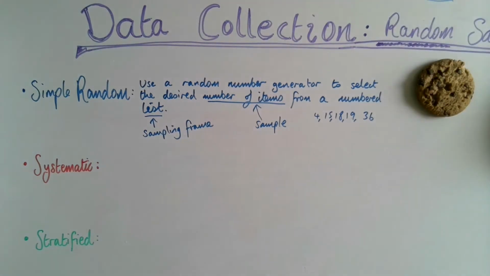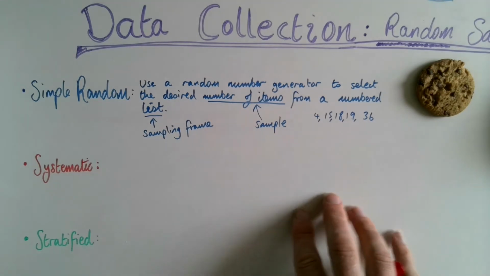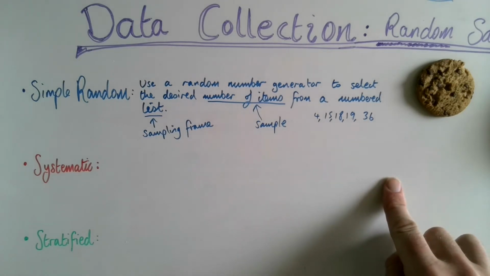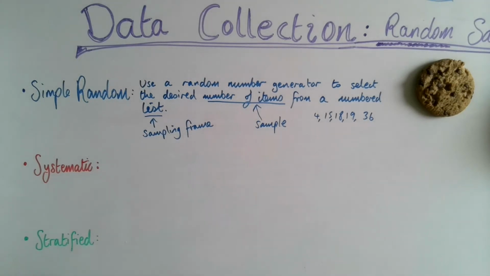So what you do is use a random number generator just to find your first one. If we've got 50 biscuits and we want 5, it's 1 in every 10, isn't it? Because it's 1 in every 10, we would select one of the first 10 using a random number generator, and once we'd got that, we would just take every 10th one after that.